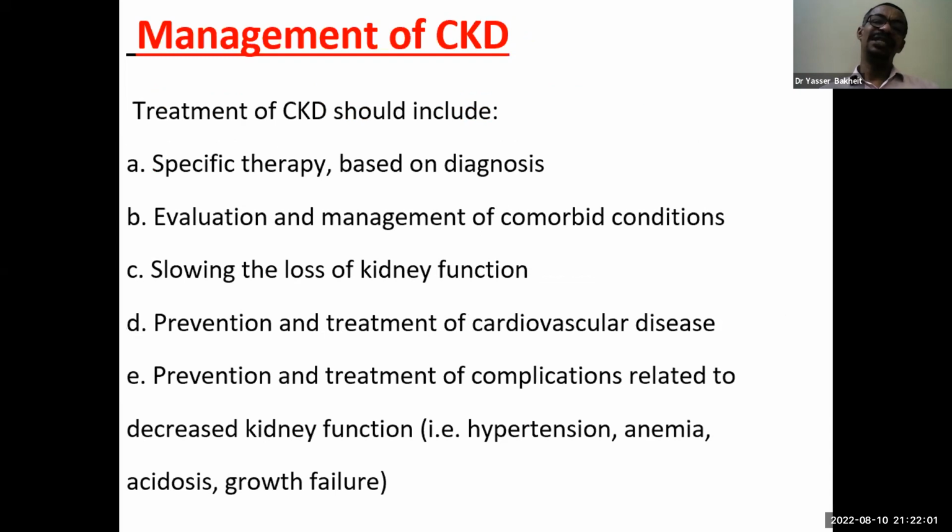Treatment should include specific therapy based on the diagnosis, evaluation and management of comorbid conditions, slowing the loss of kidney function, prevention and treatment of cardiovascular disease, and prevention and treatment of complications related to decreased kidney function like hypertension, anemia, acidosis, and growth failure.